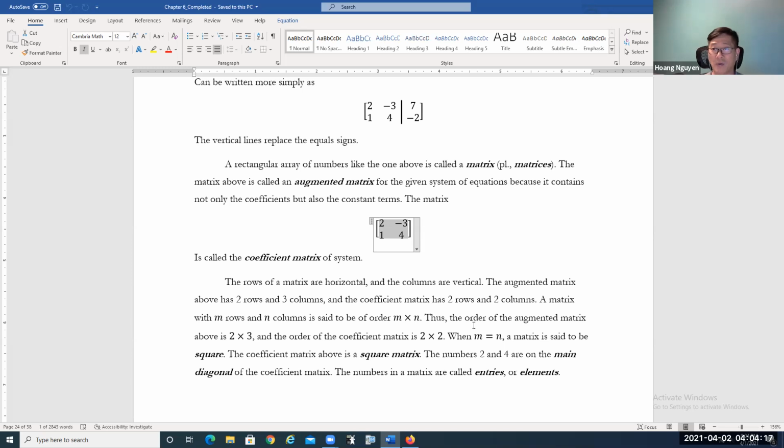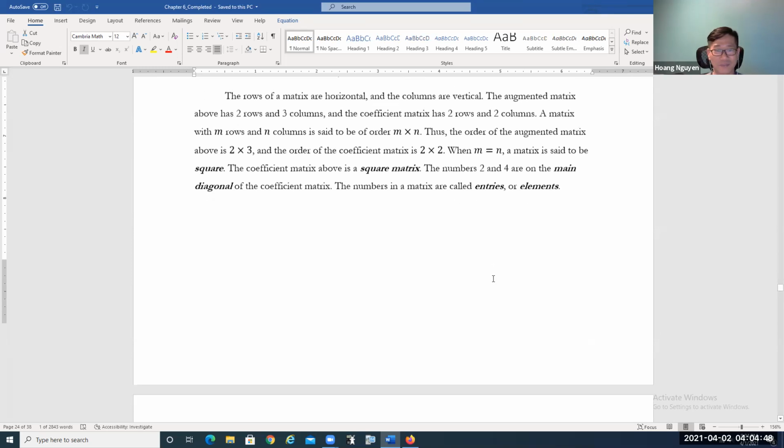We also talked about square matrices, when the number of rows equals the number of columns, and the main diagonal. The 2s and 4s are on the main diagonal. Each number in this matrix is called an entry or element. So this is an introduction to matrices and some of the terms related to them. Now let's move on to the next page.